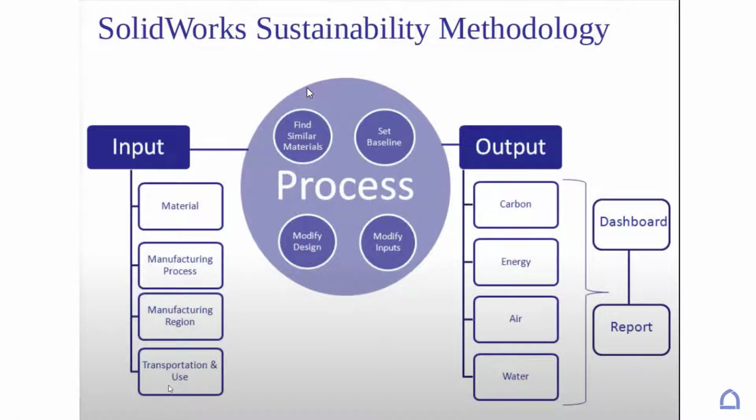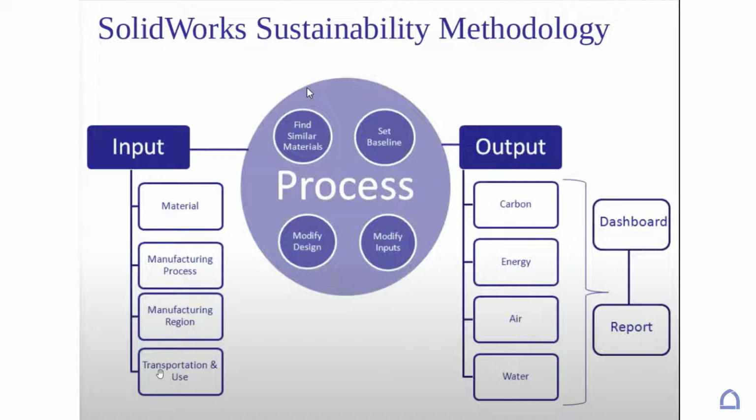Here is the SolidWorks sustainability methodology. The inputs that we can give are the material that we can select from the library, then the manufacturing process, whether it is casting, forming, extrusion, milling, etc. Then the manufacturing region, where we can select the continents and some selected countries.